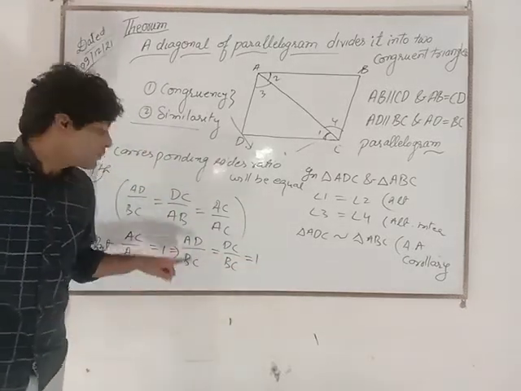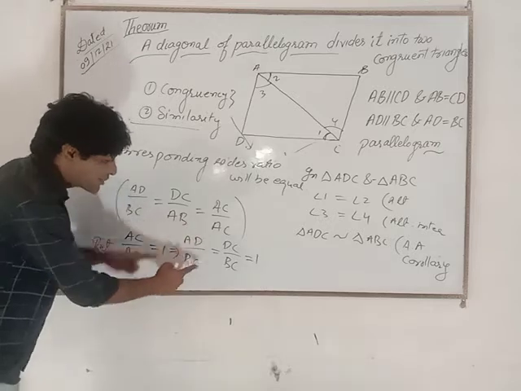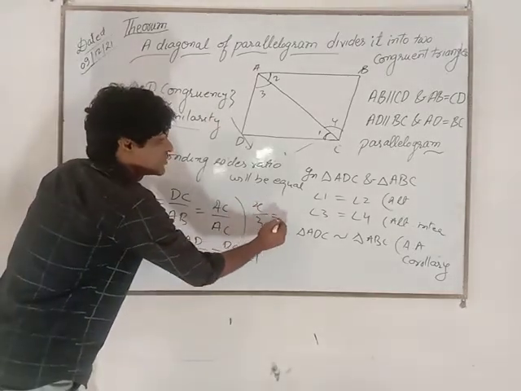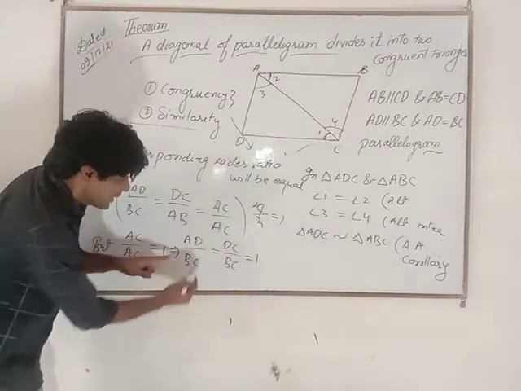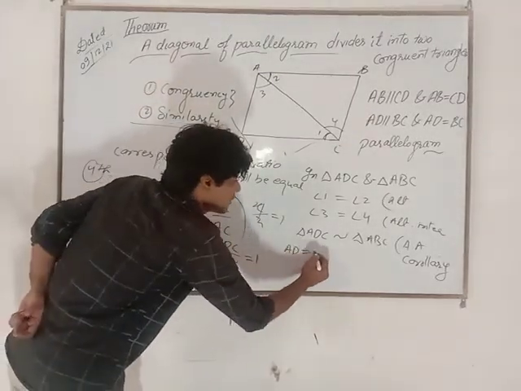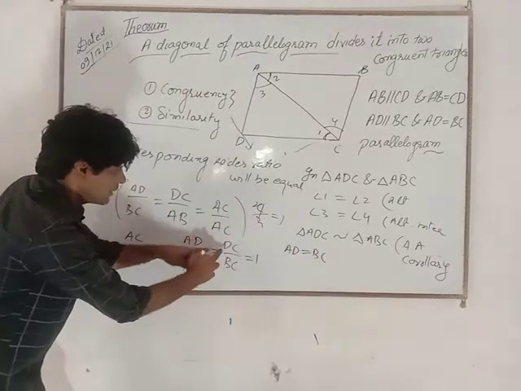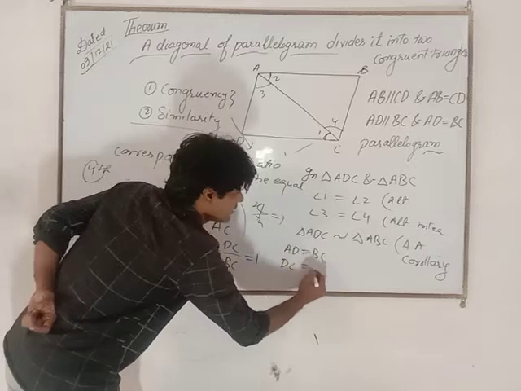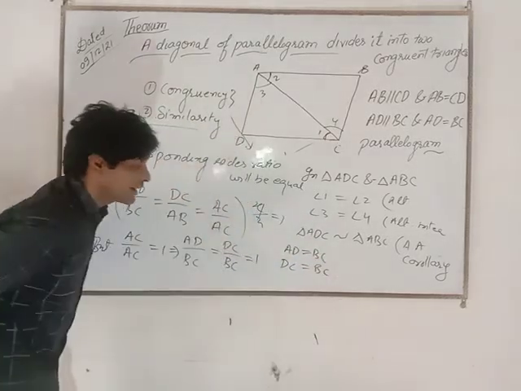It is possible only when AD is equal to BC, as you know x by x is equal to 1, right? The same, AD will be equal to BC, and DC is equal to AB.